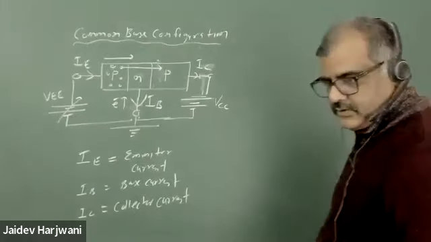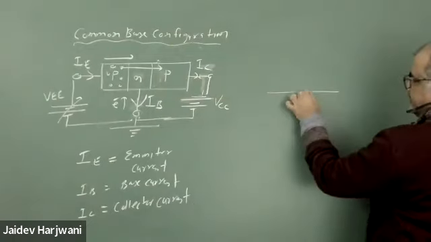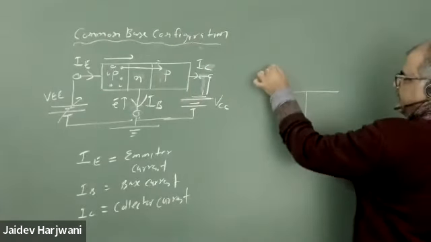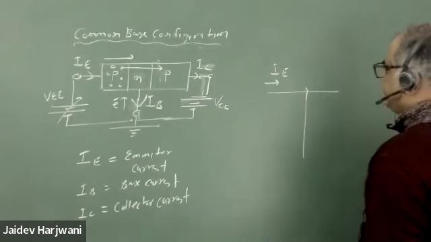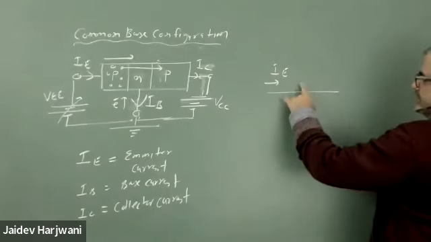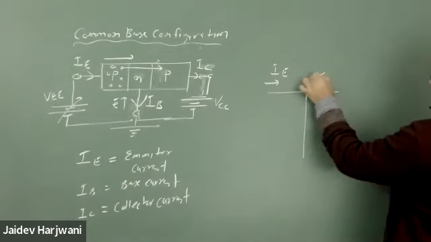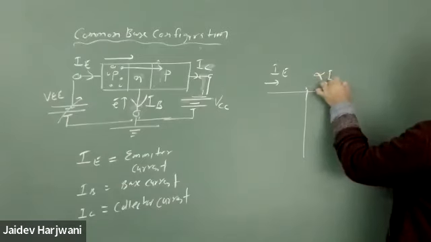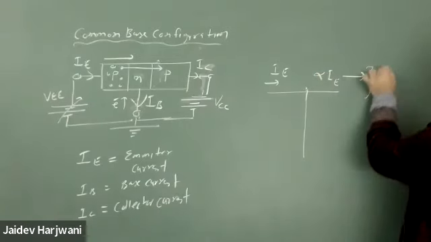So you know that on this side of the junction, a current IE is coming to the junction, and some fraction is getting lost here. Most of the fraction of IE, say alpha IE, reaches here, and that forms your IC.